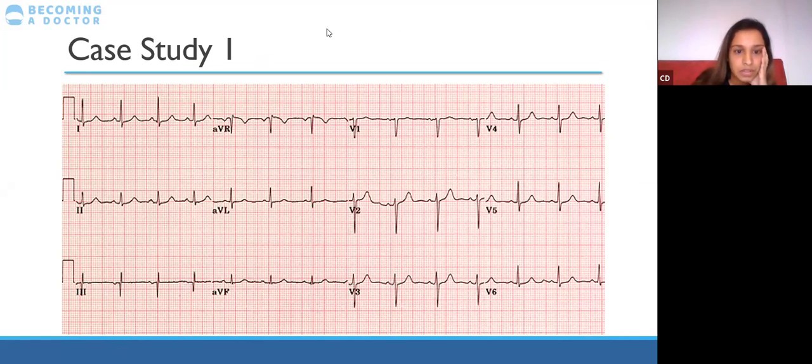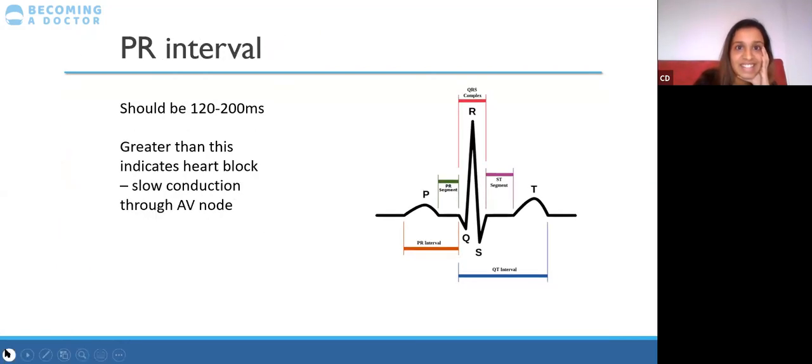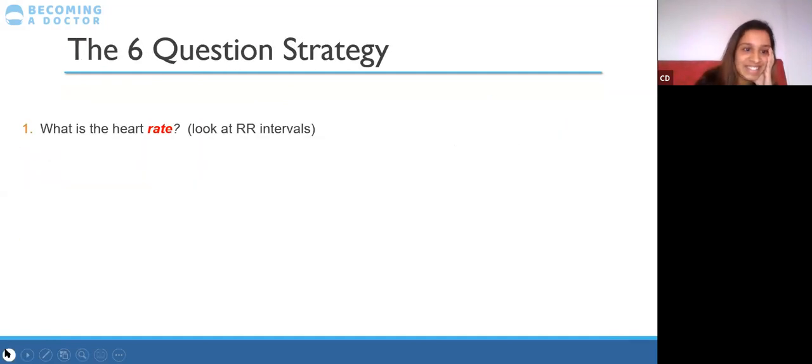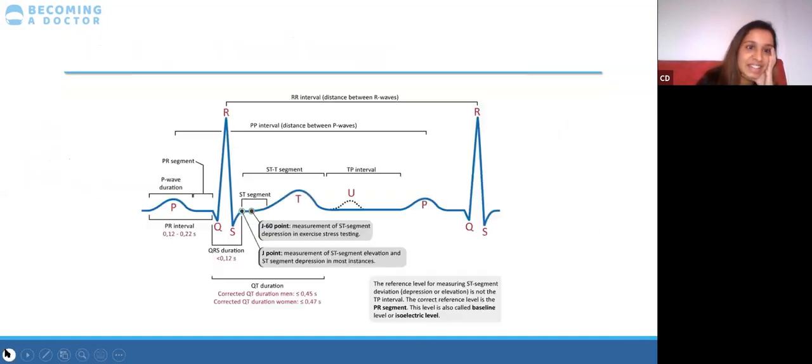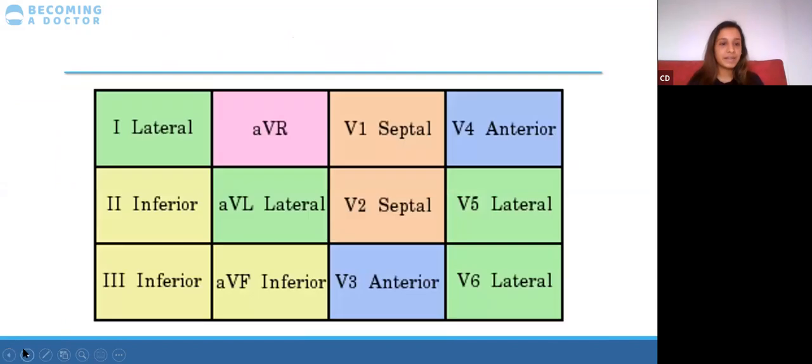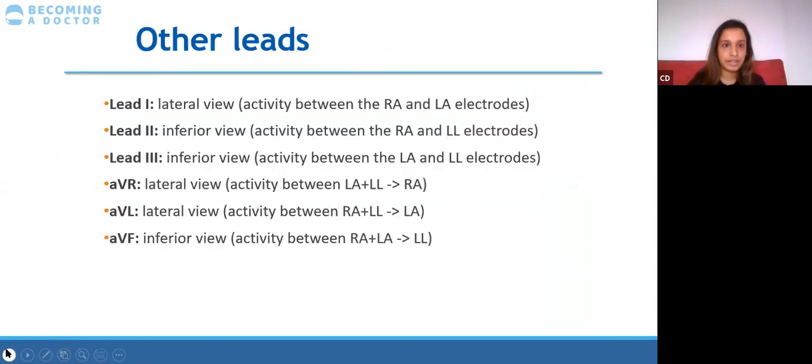Were there any other questions? Can you explain the AVR, etc. leads? Okay, I had to go back to the beginning again for that. There's a lot of clicking, I'm sorry guys. So AVR, I explained it here. These 3 leads, AVR, AVL, and AVF, are the ones that I mentioned.